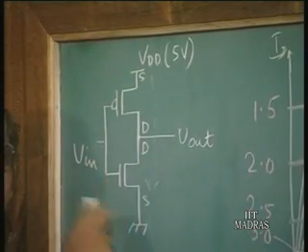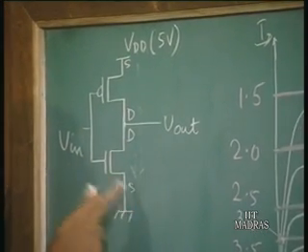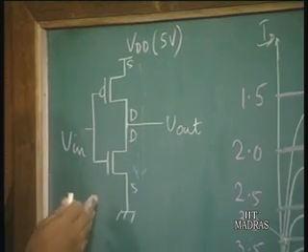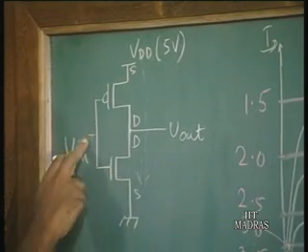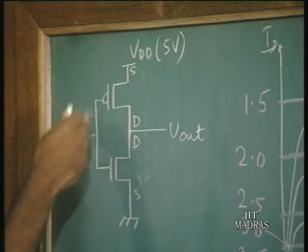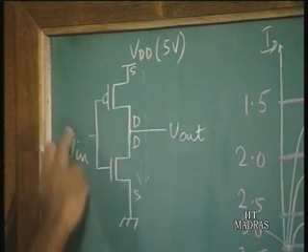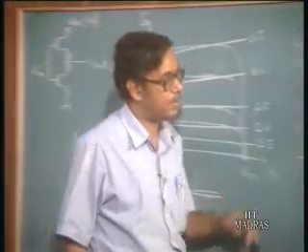If in any situation one of the transistors is off, not conducting, then there cannot be a current. That situation occurs when the input voltage is either less than the threshold voltage of this NMOS transistor, or the input voltage is increased to a value where the gate to source voltage of the PMOS transistor is such that the PMOS does not conduct.